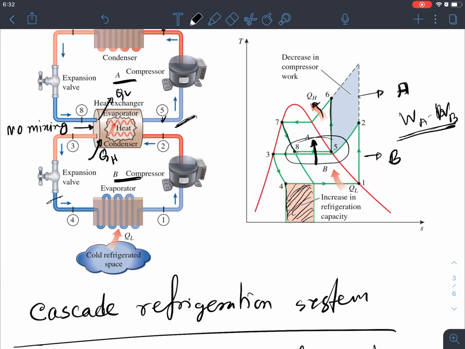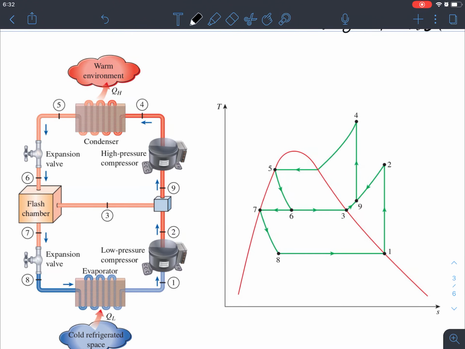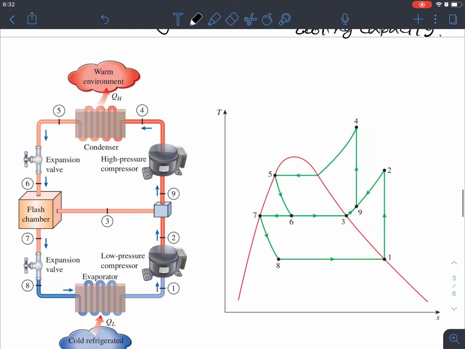Okay, they're separate. However, in this other method, it's called a multi-stage compression refrigeration system.